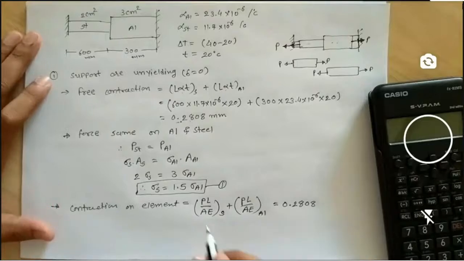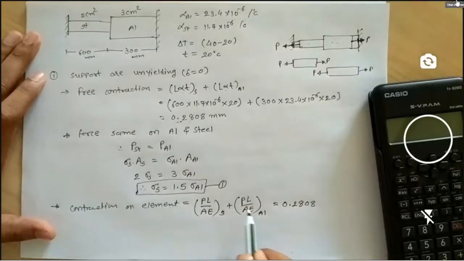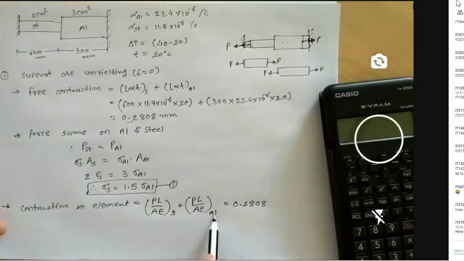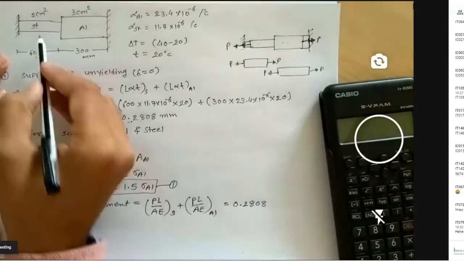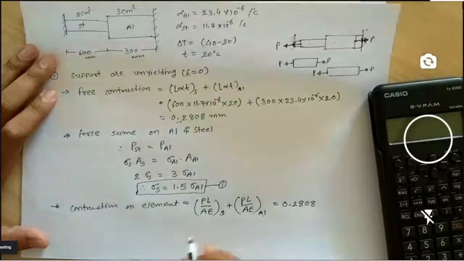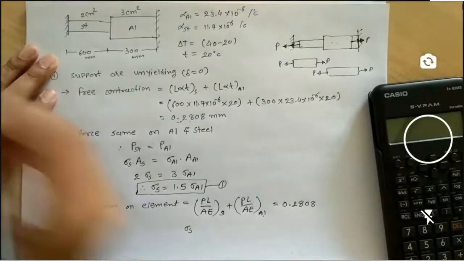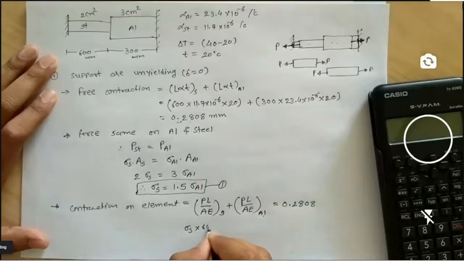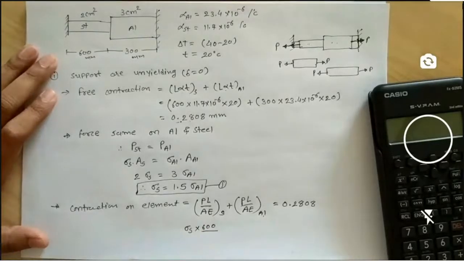Okay, now P by A is the stress in steel, and P by A is the stress in the aluminum section. Okay, so here we put the values of L and E for both elements. So here P by A is the stress in steel, so we say sigma S. L is the length of that steel section, 600 mm, divided by E, the Young modulus of the steel section, which is also given to you.